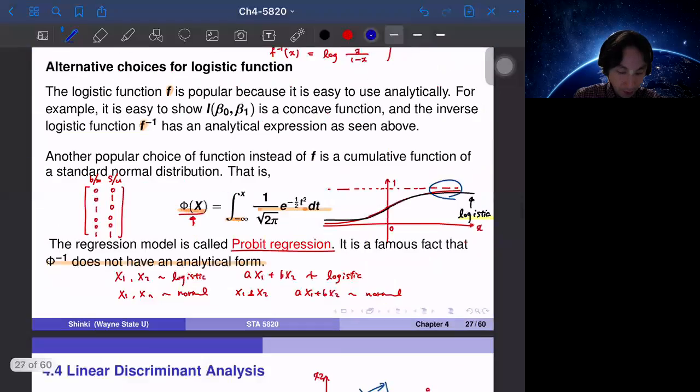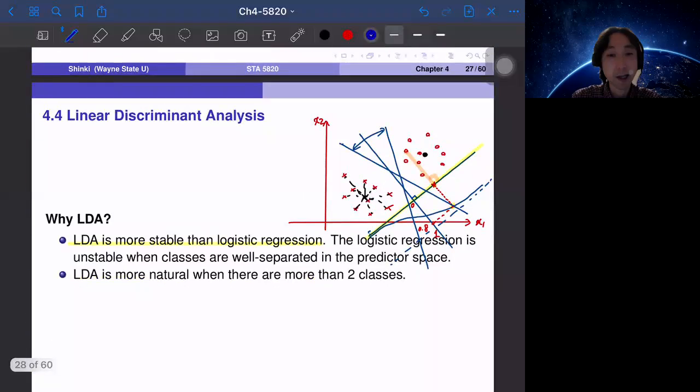Last time we started linear discriminant analysis. Linear discriminant analysis is sometimes more stable than logistic regression, because logistic regression is sometimes not stable when the cases are separable. Separable means the 2 groups are perfectly separated by a straight line.